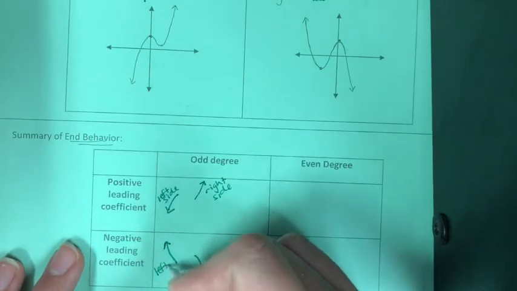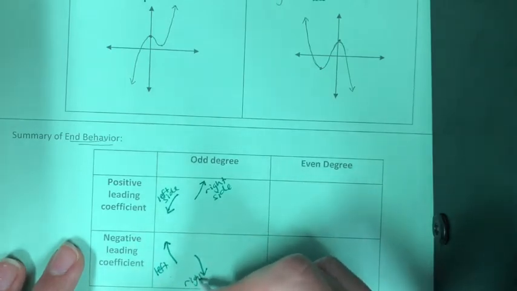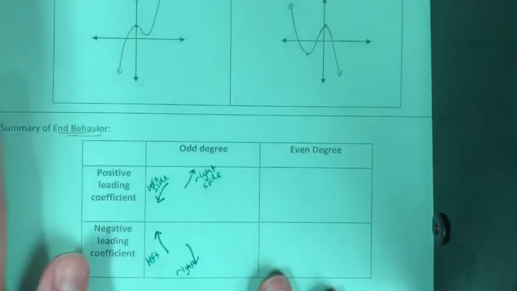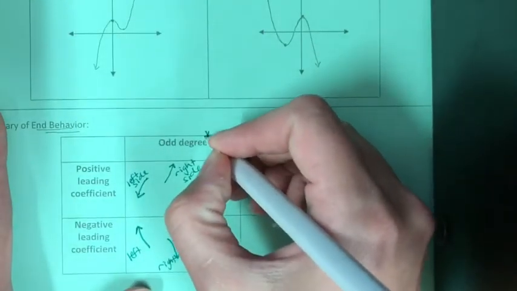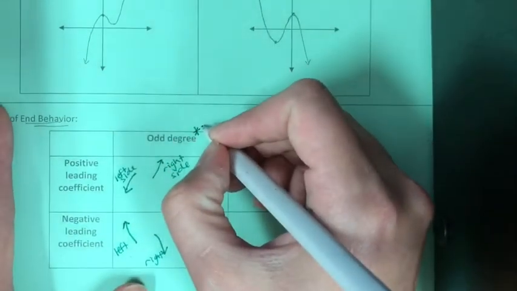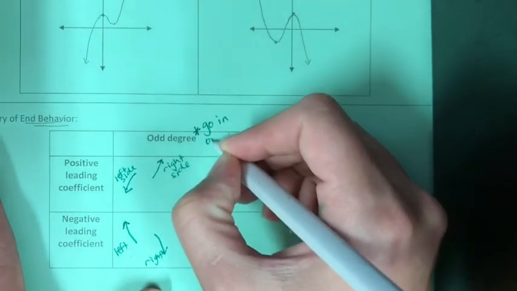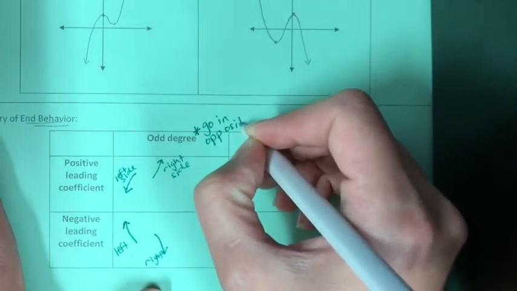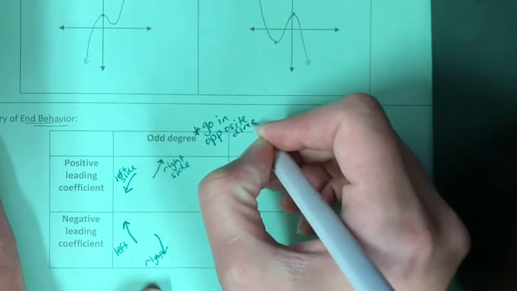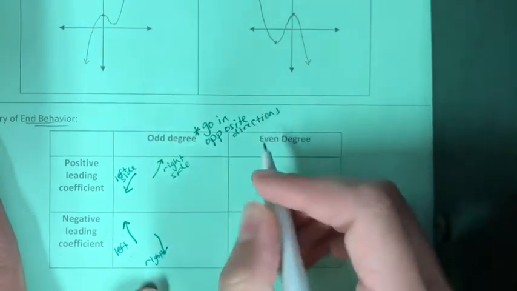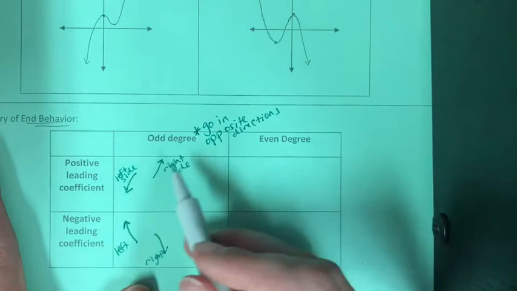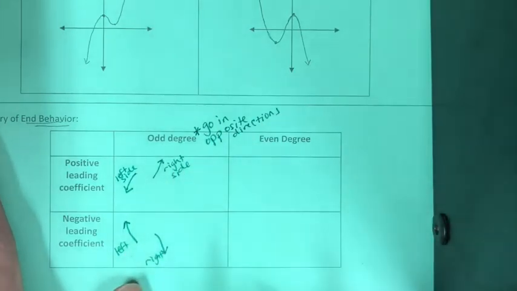So left, right. And then we can just make a note that when it's odd degree, it goes in opposite directions. Right? So one's going down, the other's going up. This one's going up, the other one's going down.